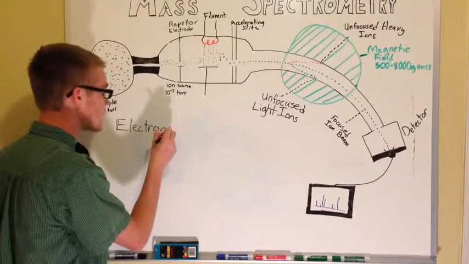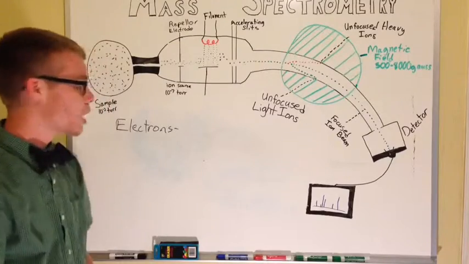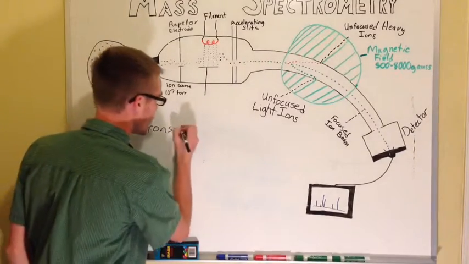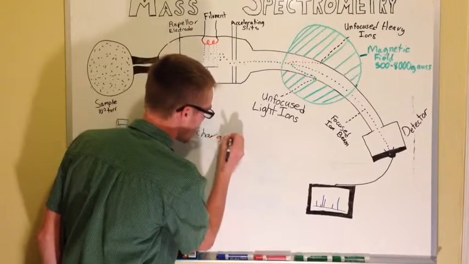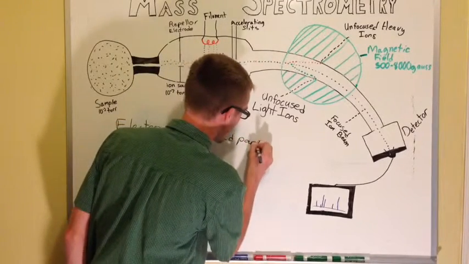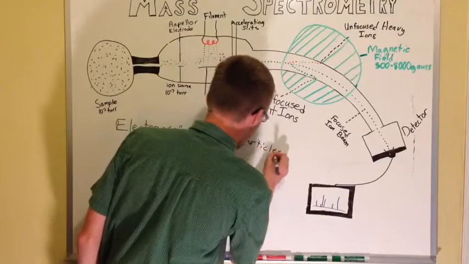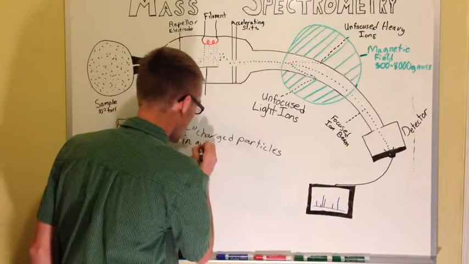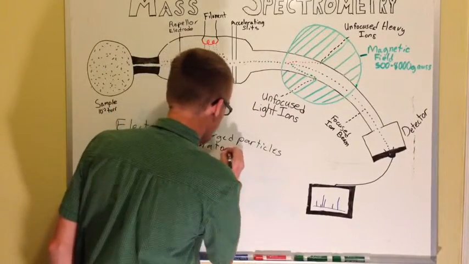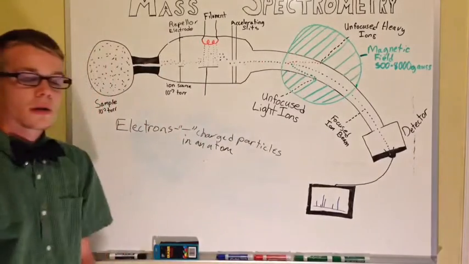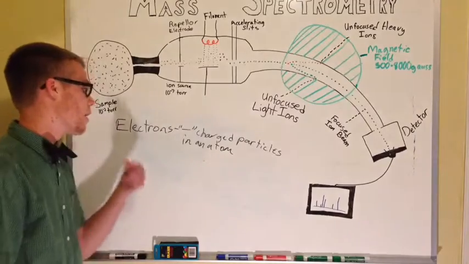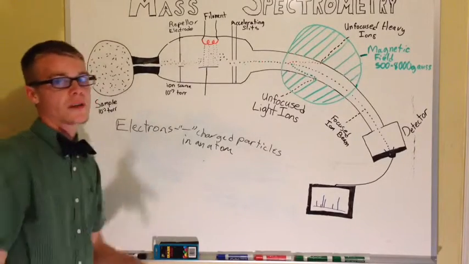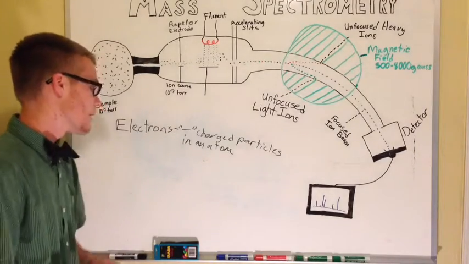Electrons are the negatively charged particles in an atom. As a lot of people know, there's the positive charge and negative charge of an atom, and the electrons are what bring the negative charge of an atom. So, that's the electrons.